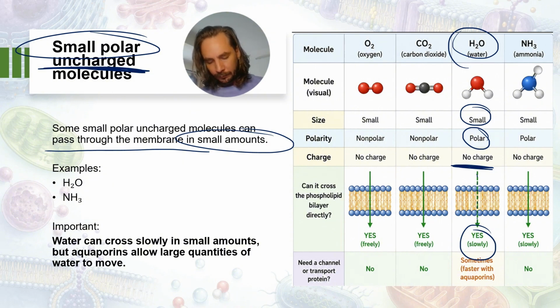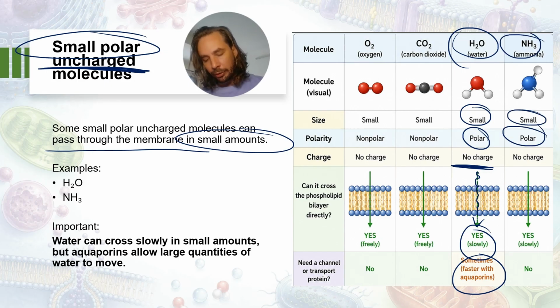We'll look at the protein that helps transport water a little bit later, but it can move across this membrane only very slowly. The same goes for things like ammonia, which is a small polar molecule. It can move across the membrane, but very, very slowly.